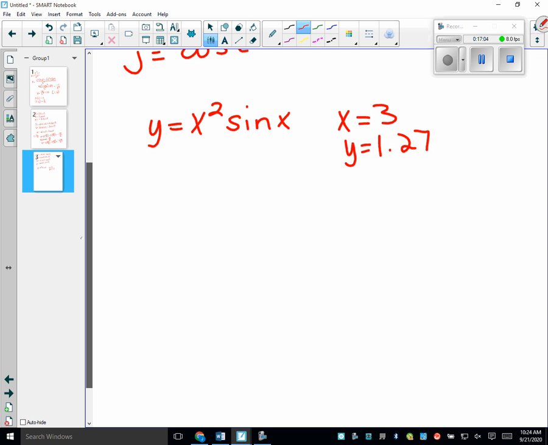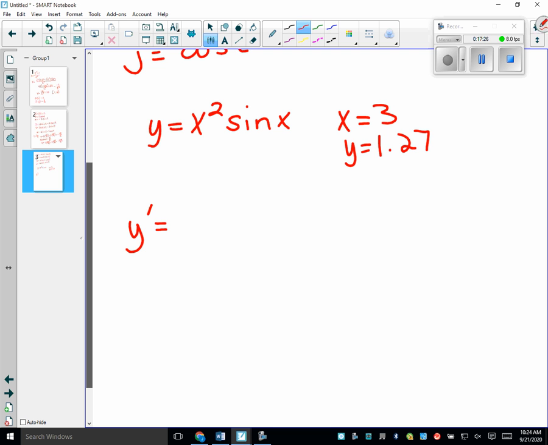Now, to write an equation, don't I need the slope of the line? Yes. How do I find the slope of the line? Derivative and put in x. Okay, the derivative. 2x. Wait a minute. Is that a product? Yes.